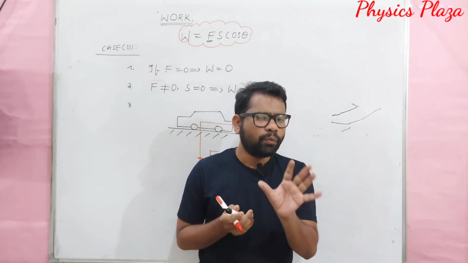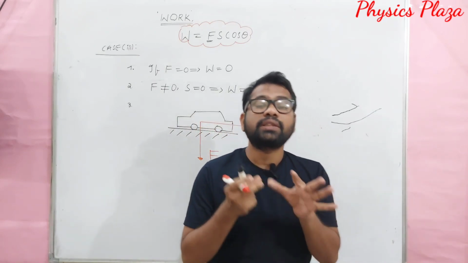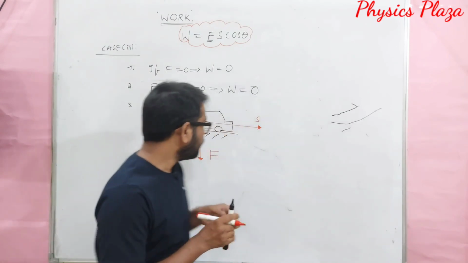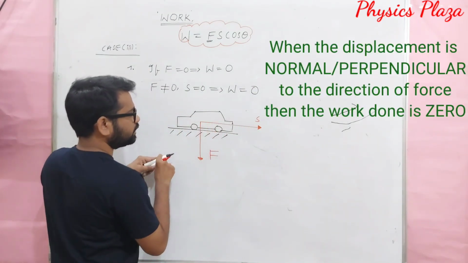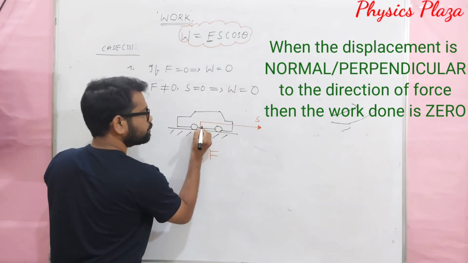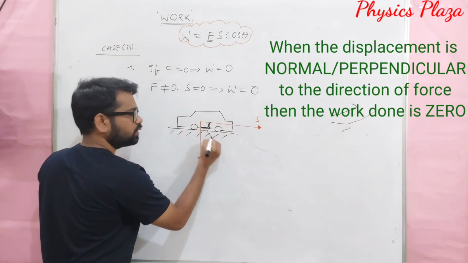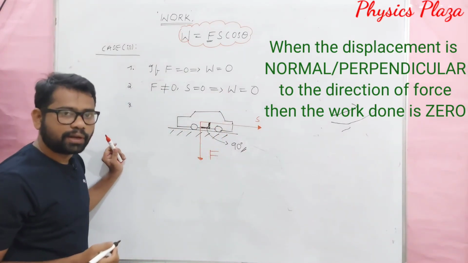We discussed already, work done depends on 3 factors. One is force, the magnitude of force. Another is displacement. Third one is the angle between the force and displacement. Look at here. What is the angle, dear children, here? The angle between force and displacement is how much? It is 90 degrees. Let us see mathematically what will happen here.